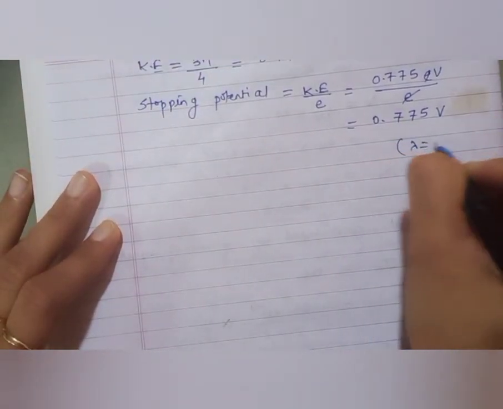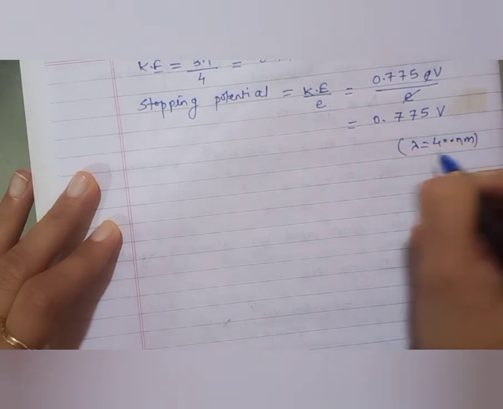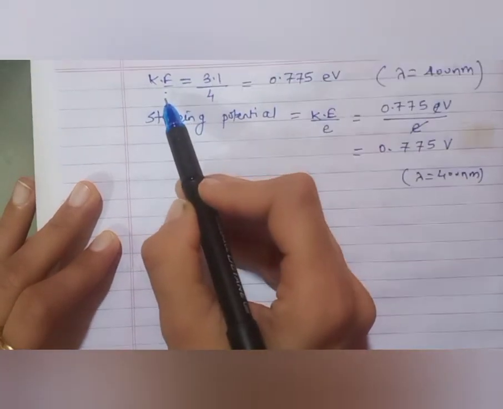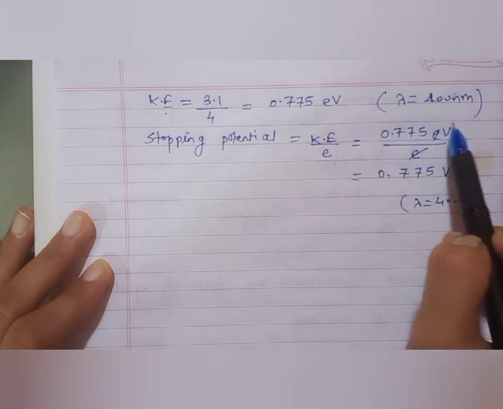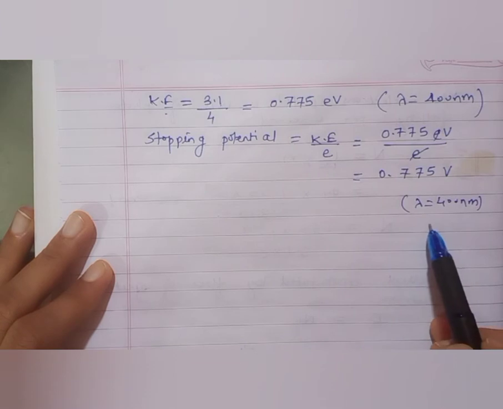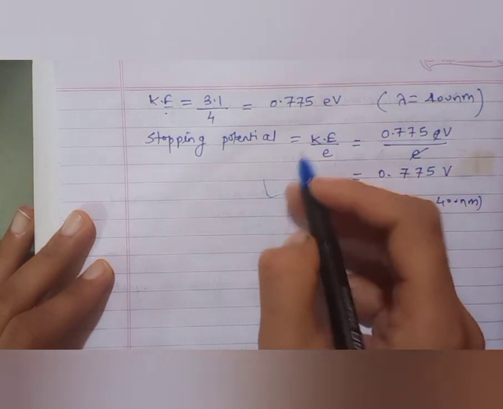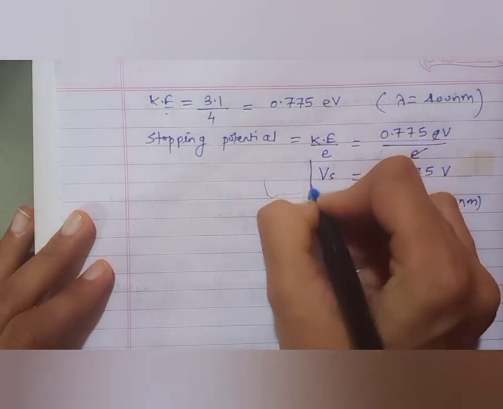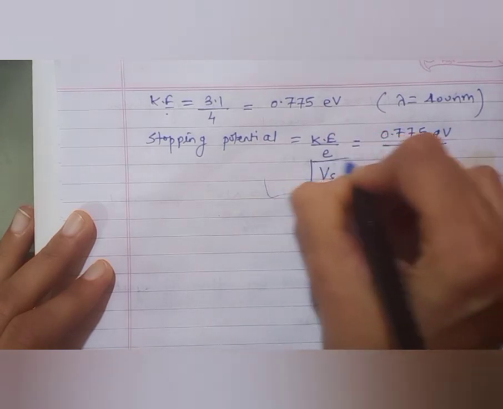Okay. So this is the stopping potential for lambda equals 400 nanometer, which is asked in the numerical. So Vs, this is the required value.